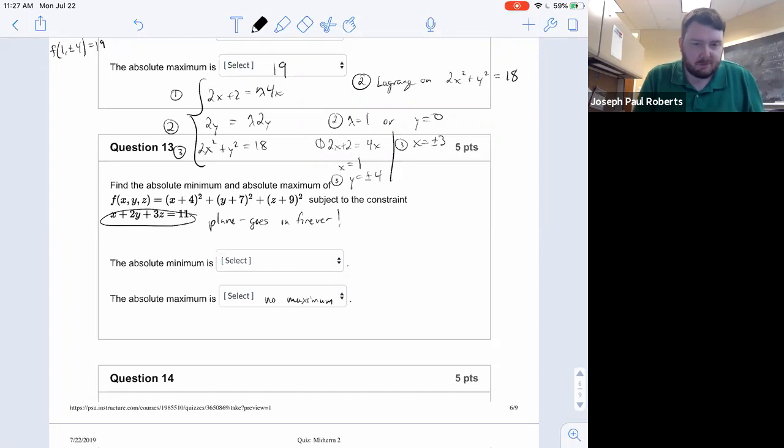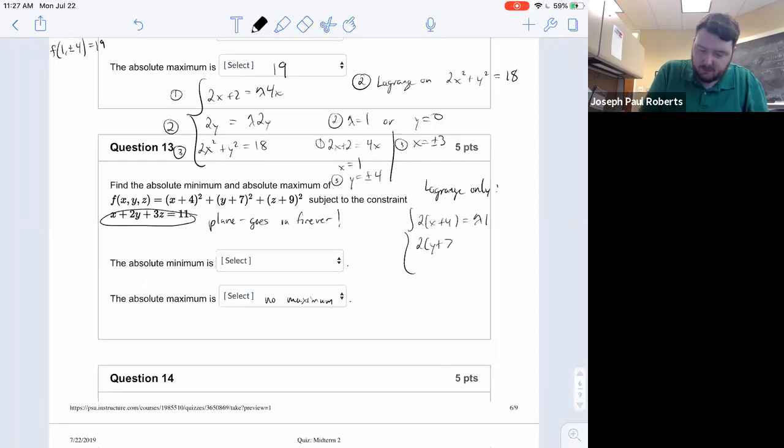And so let's see. Because it just has an equals, and we never did 3 variable unconstrained, this is Lagrange only. So we set up 2 times x plus 4 is lambda times 1. 2 times y plus 7 is lambda times 2. 2 times z plus 9 is lambda times 3.